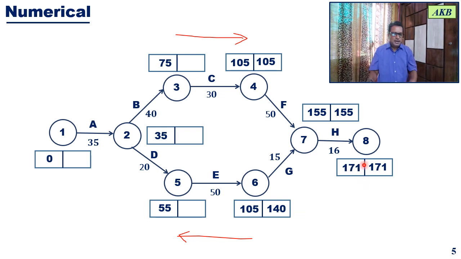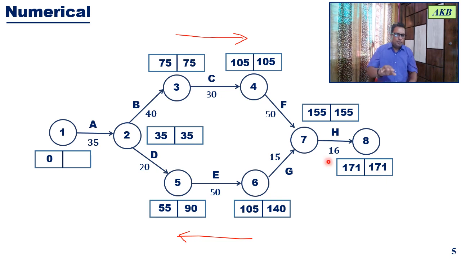As you know, we have to start at the last event, and for the last event, the earliest event time is equal to the latest event time. So for the last event, we set the earliest event time equal to the latest event time. So the latest event time for event 8 is 171.